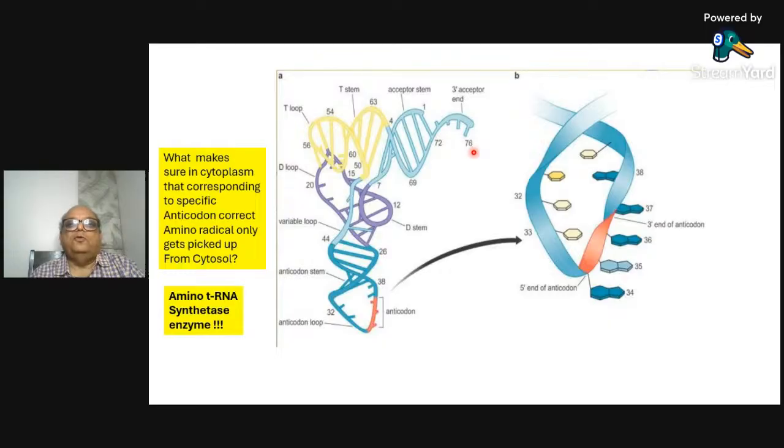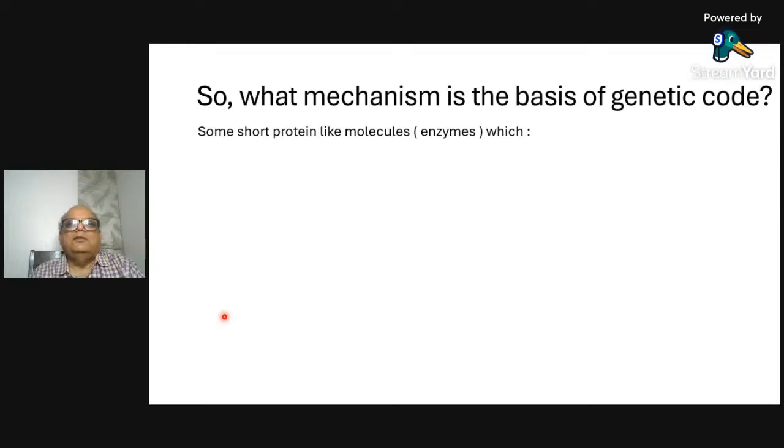Now that molecule which does that is named interestingly as amino tRNA synthetase enzyme. Now what can you make out of it? It's just a function. We don't know how it does it, but surely it does it. Something does it. Okay. So that is the mechanism that is responsible for universality of genetic code and foolproofing of genetic code.